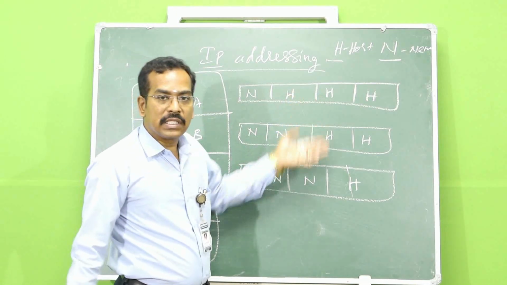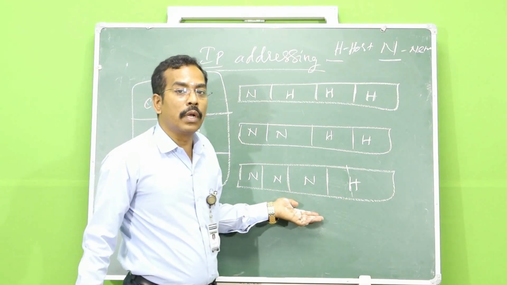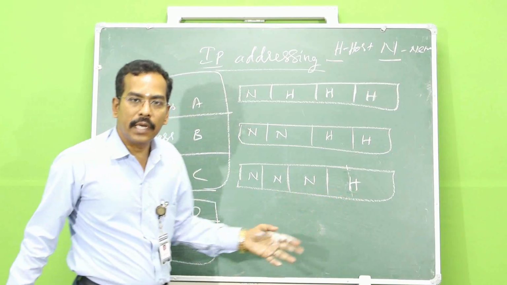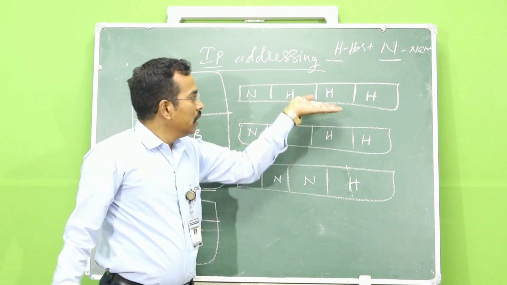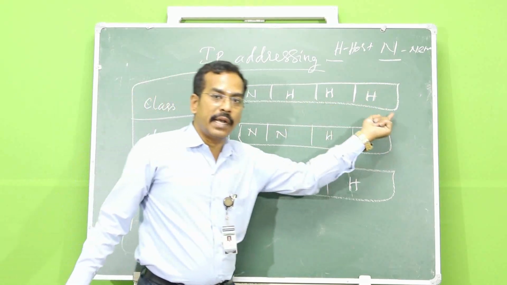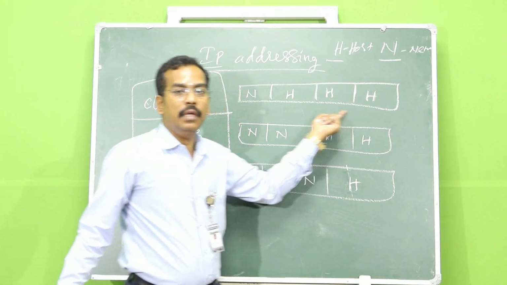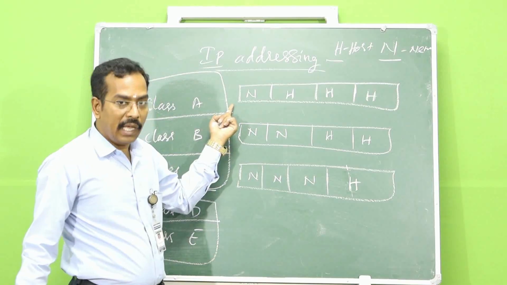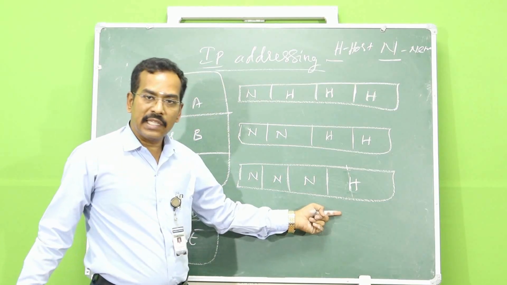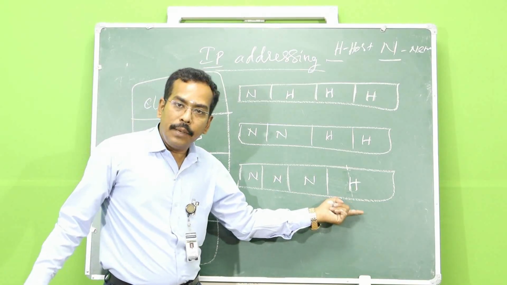So in which class can we give more hosts? By seeing the bits itself, I can judge it. In class A, I have assigned three 8-bits, so more hosts can be allocated in class A. In class B, fewer than A. Finally, in class C, only one 8-bit is given.